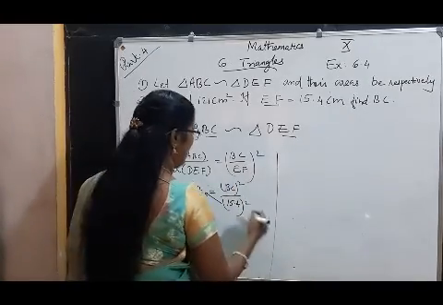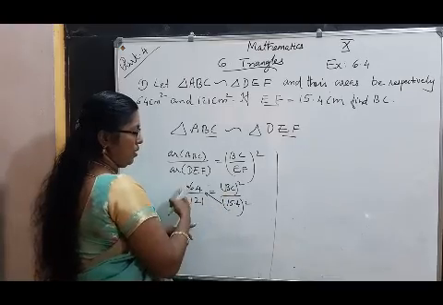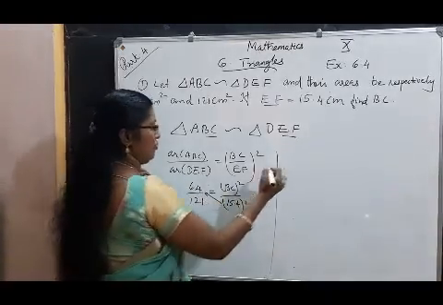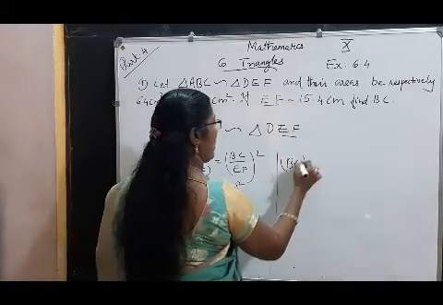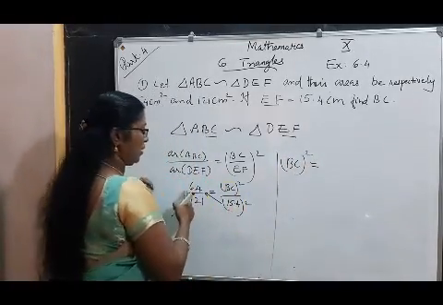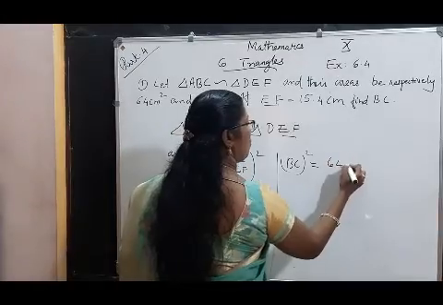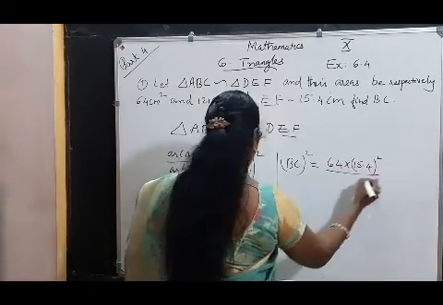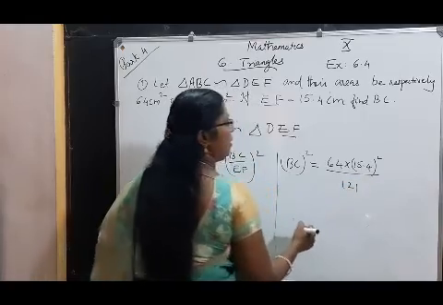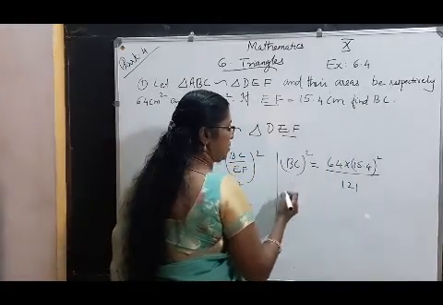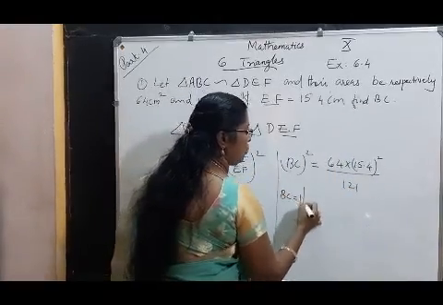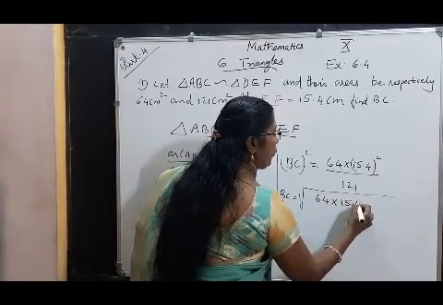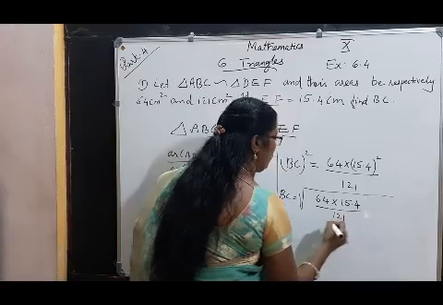So BC square equal 64 into 15.4 the whole square by 121. Our aim is to find BC. So BC equal root of 64 into 15.4 square by 121.